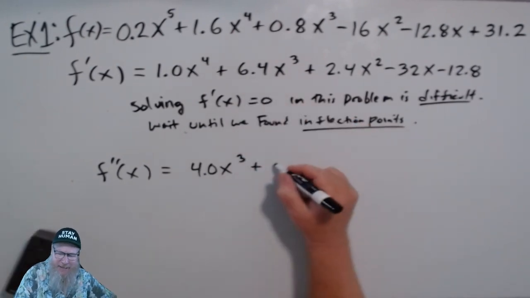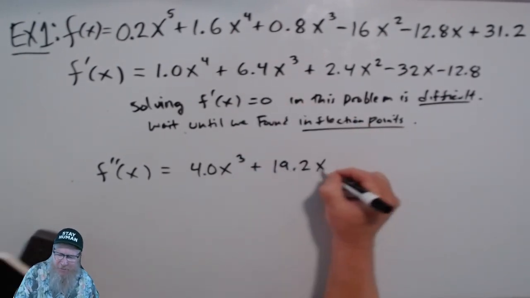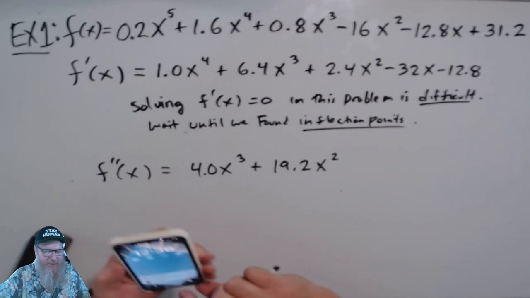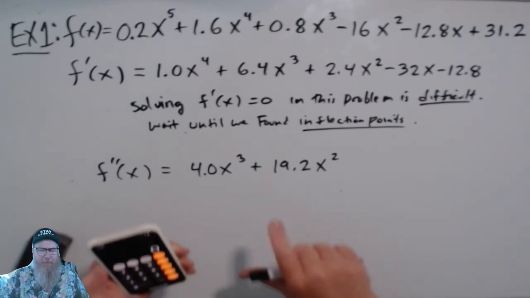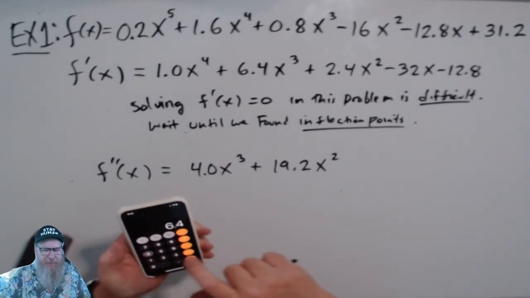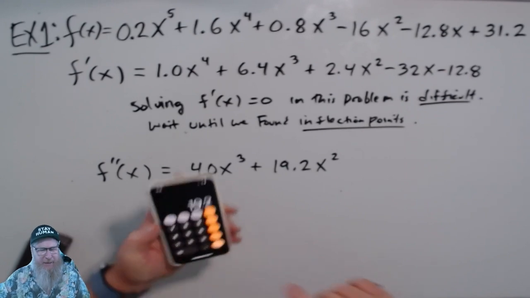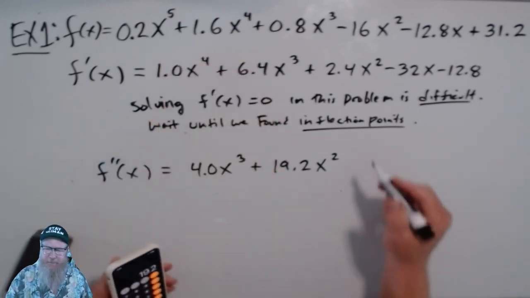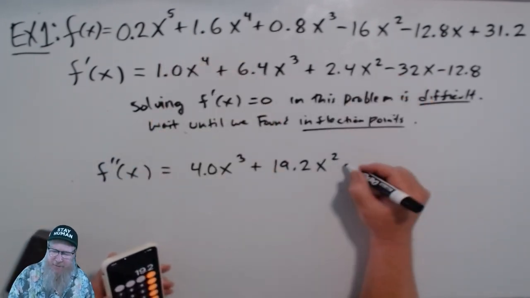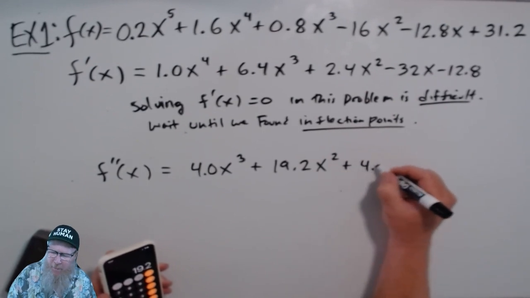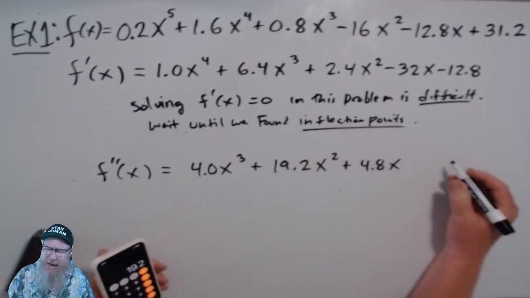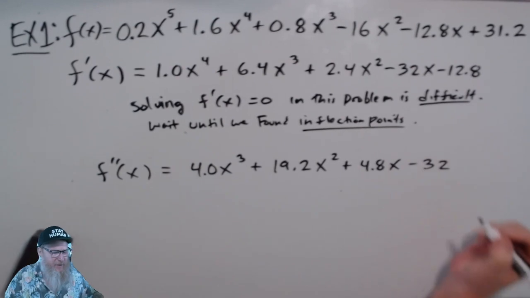This one, I think, is 19.2 x to the second, 3 times 6.4. But I should probably double check that. 6.4 times 3, yeah, 19.2. 2 times 2.4 is 4.8 x, and then minus 32.